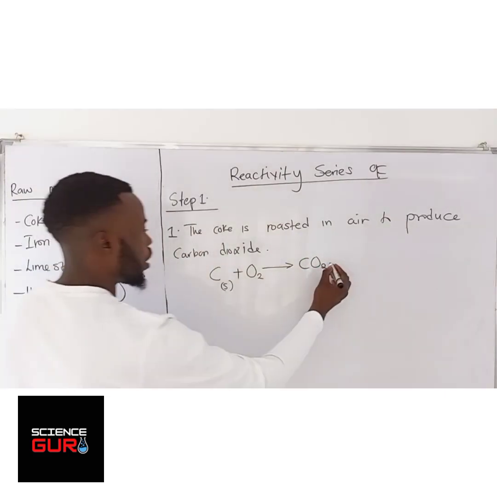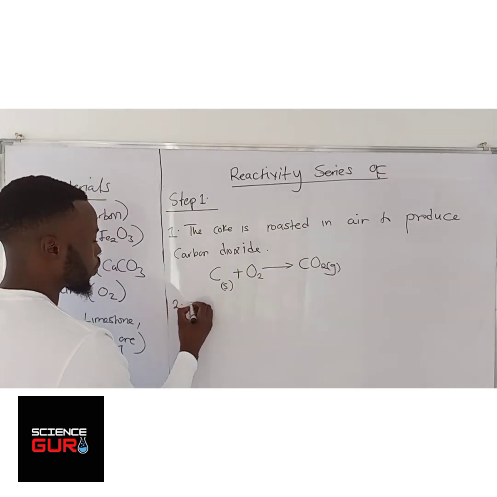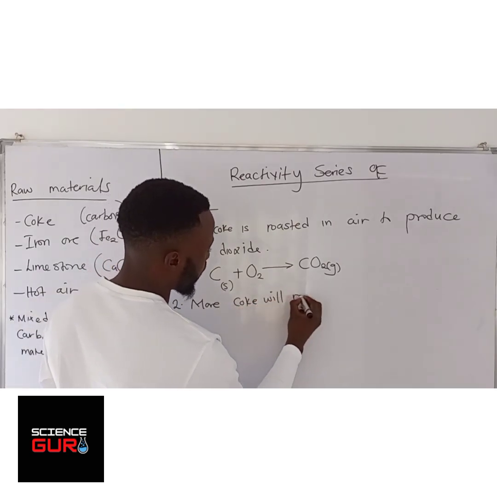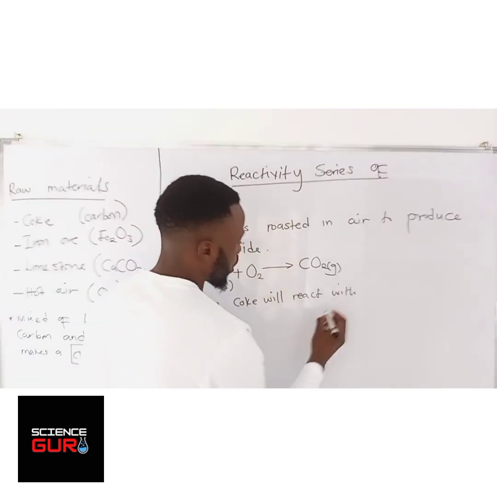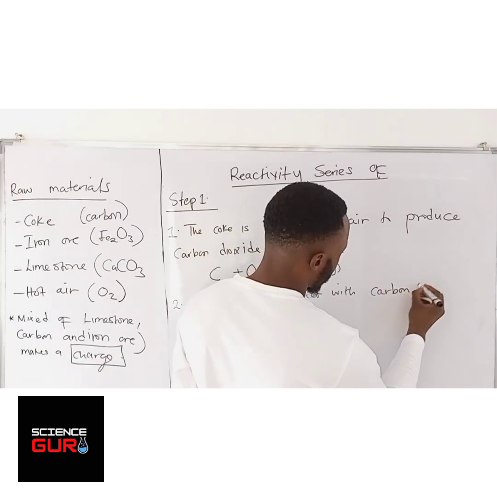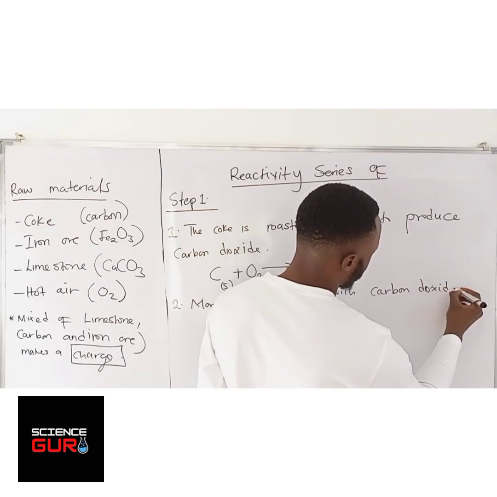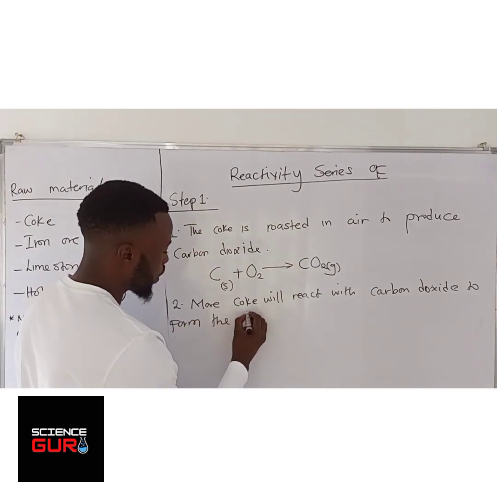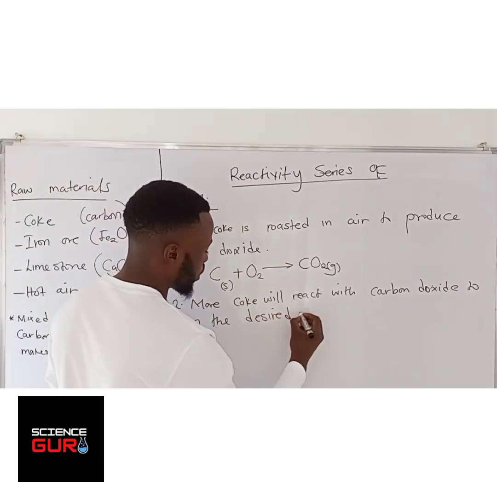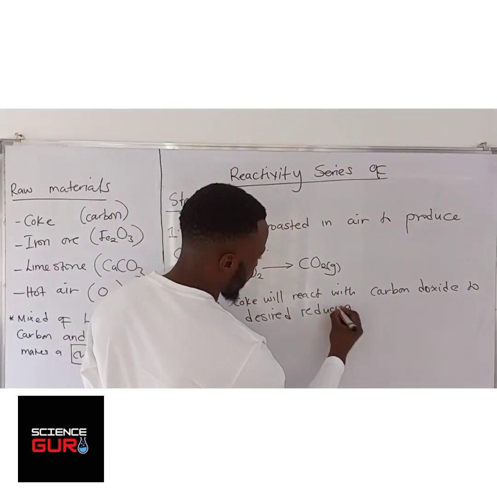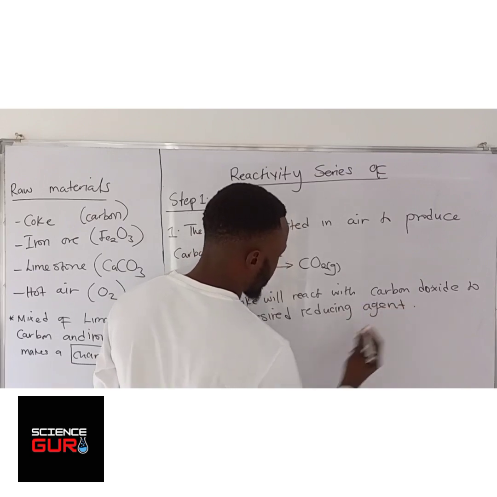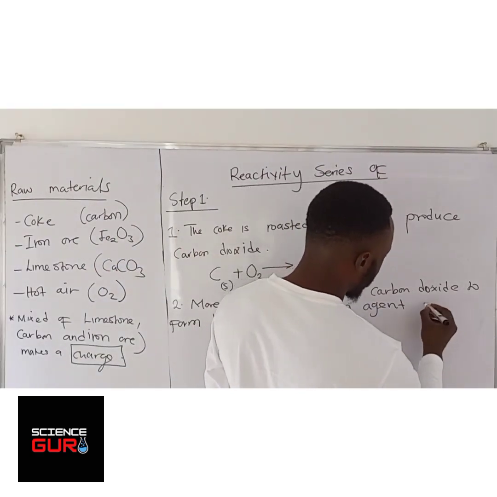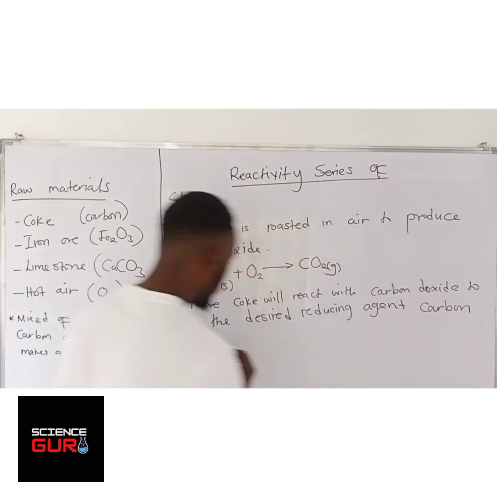You get it? Now, step 2: more coke will react with carbon dioxide to form the desired reducing agent, which is carbon monoxide.